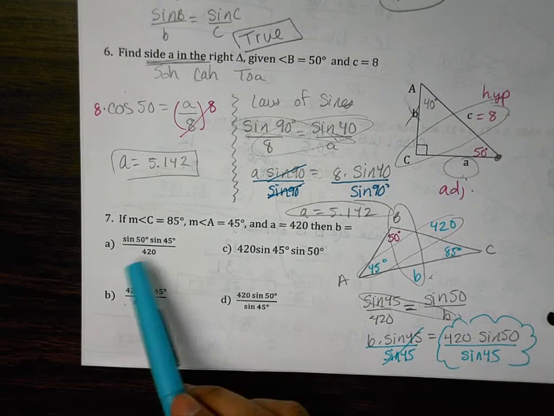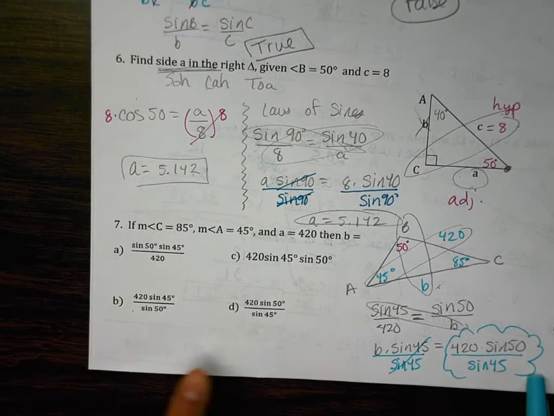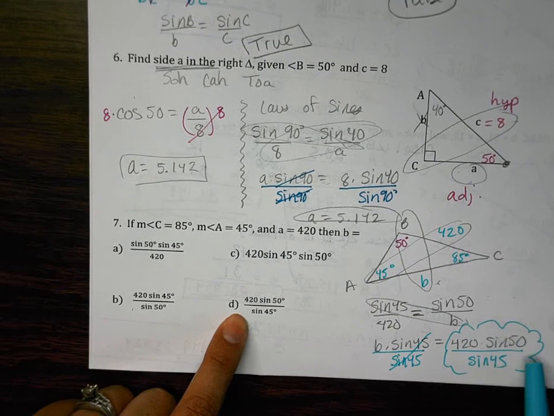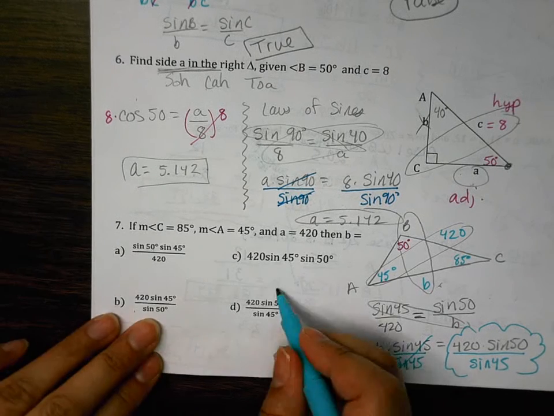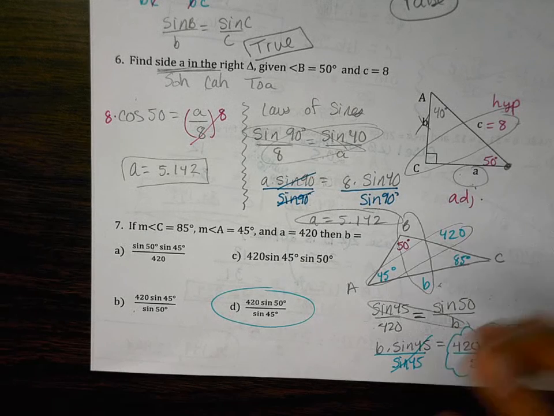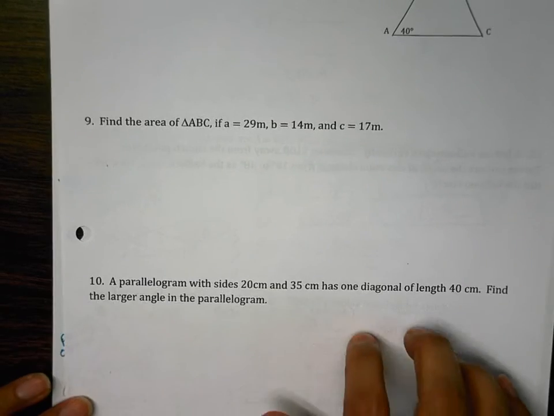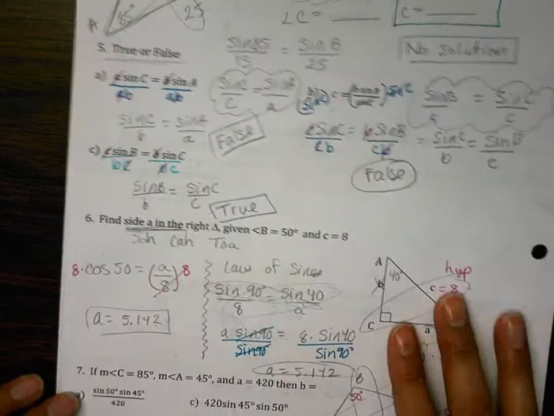Should you plug it in? No, check to see which one here matches this. Which one is it? Is it this one? 420 sine 50, divide by sine 45. D is the answer. Any questions? No questions? All right, are you guys doing the next page? No, we're going to do that together next week in class.